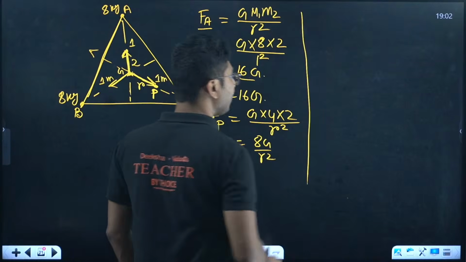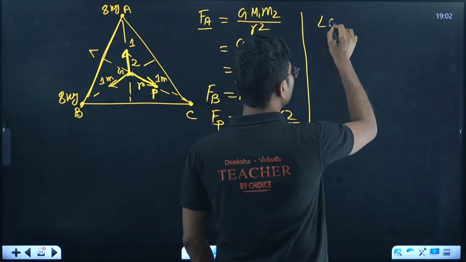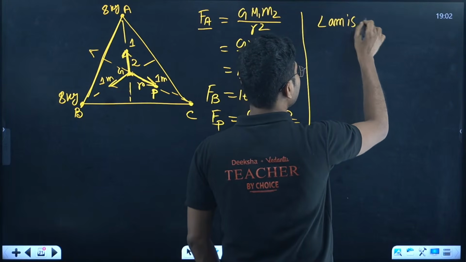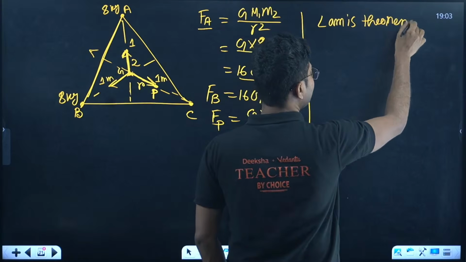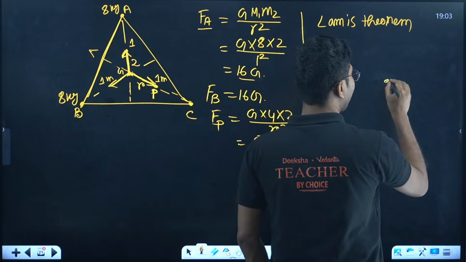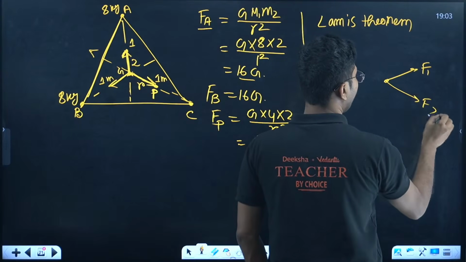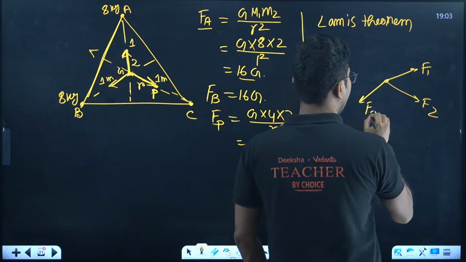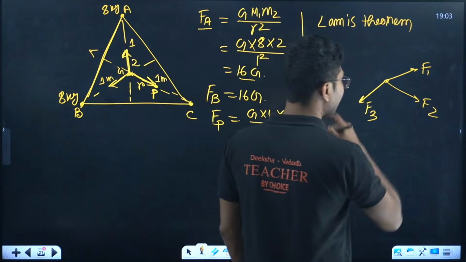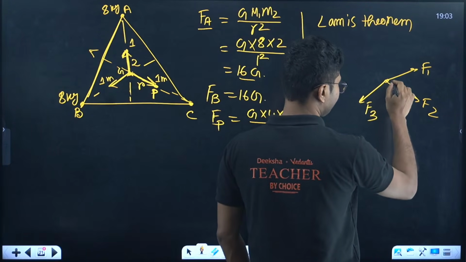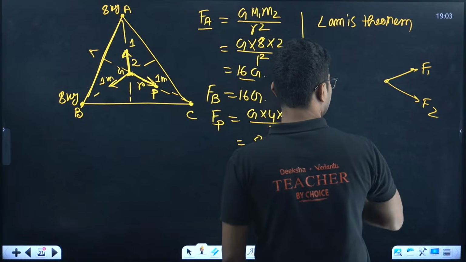What thing will we be using? We will be using something called Lami's theorem. Those who know, it is Lami's theorem. What does Lami's theorem say? Suppose we have three forces, F1, F2, F3, and if they establish an equilibrium, let me change it a little bit so that it can avoid confusion.